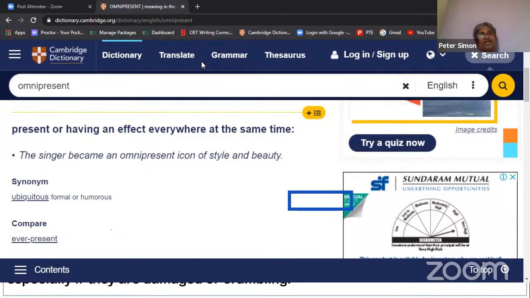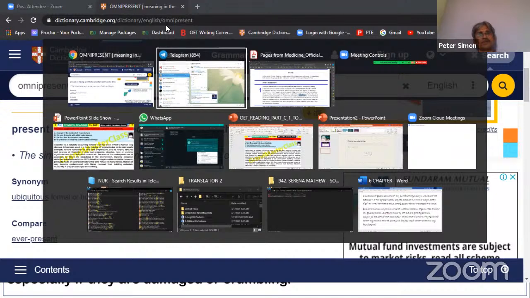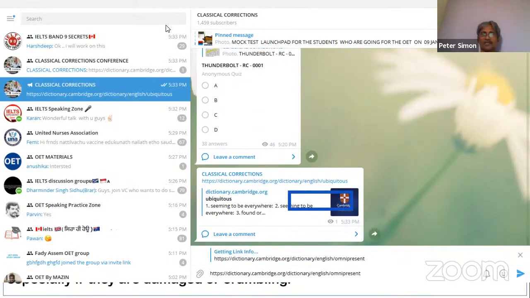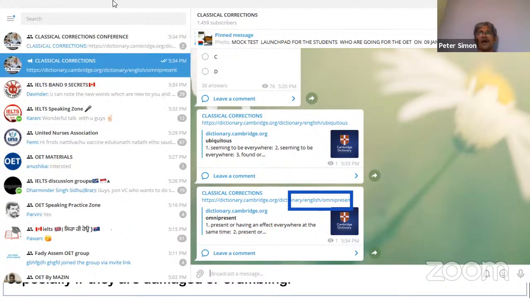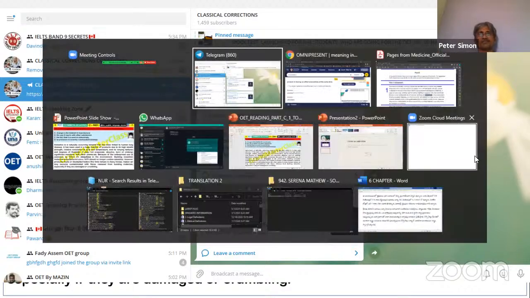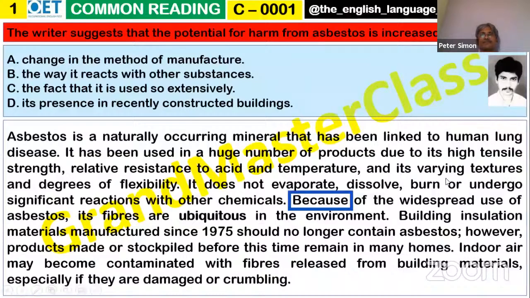Omnipresent, same meaning. So you should learn these words. If you do not know, learn them now. It is very, very essential. Damage or crumbling. Okay. Now let us go to the slide.